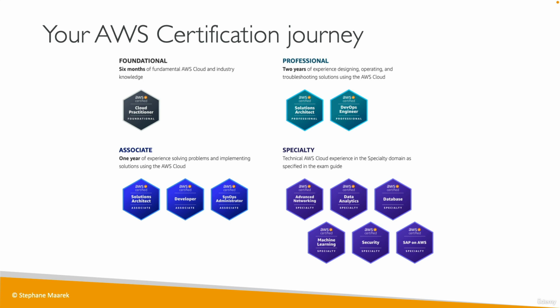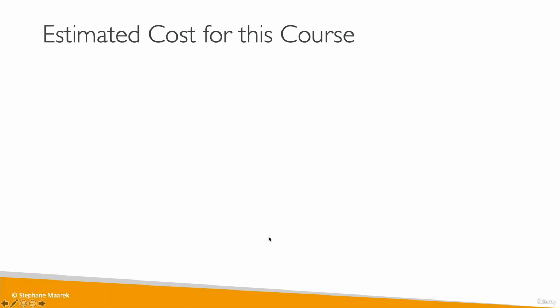Then, if you're really an aficionado of AWS and want to learn more and more and more, the specialty exam and the professional exams are really difficult and will test your in-depth knowledge. In this course, we're just going to prepare for the foundational knowledge necessary to pass with flying colors the AWS Certified Cloud Practitioner examination.